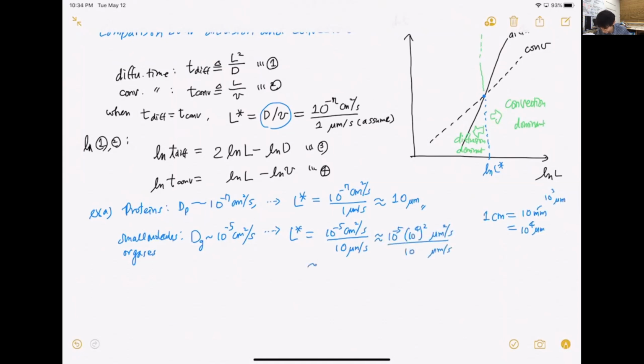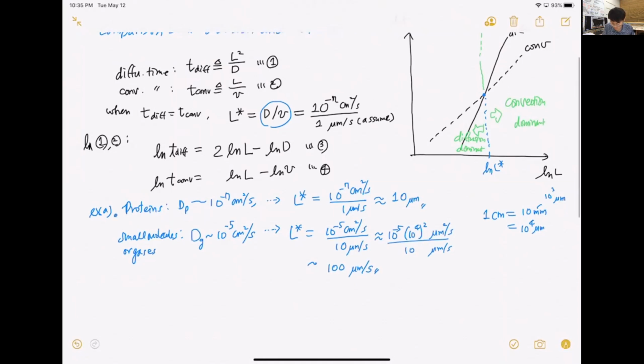This will be about 100 micrometer. I just note that this is a simple approximation, just to try to understand the implication of this.